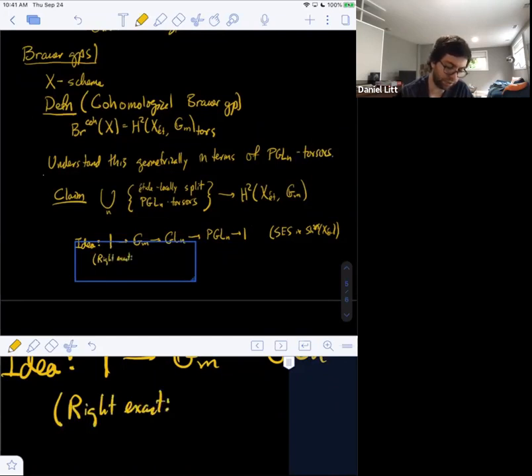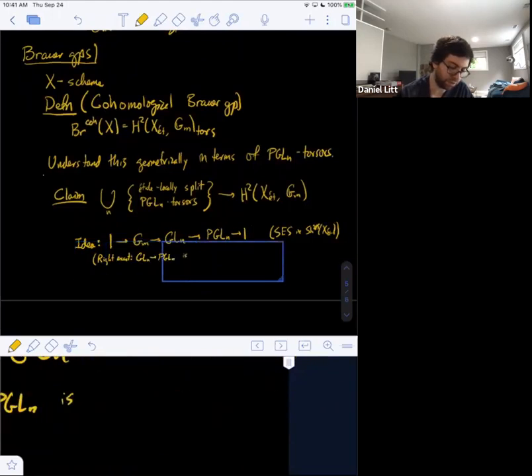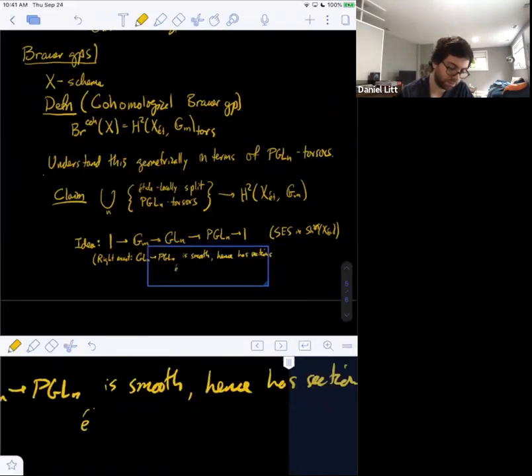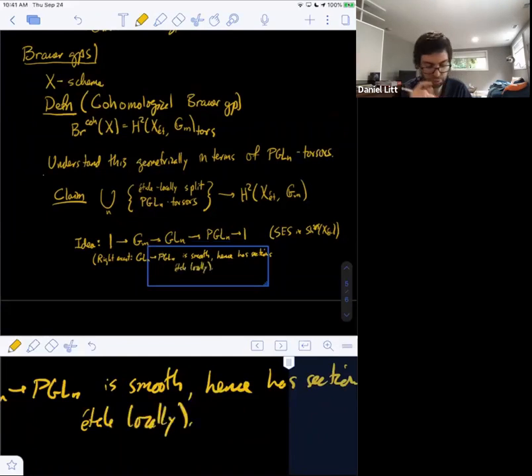The key input is that GLN to PGLN is smooth, and hence has sections Etale locally. It's a general fact that smooth morphisms have sections Etale locally. You could also prove this functorially.